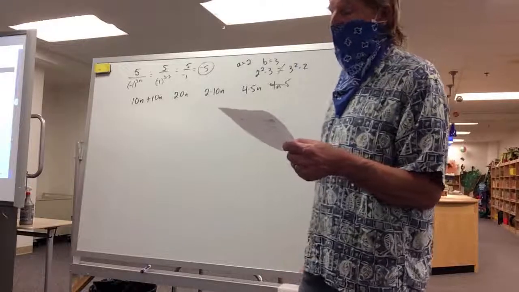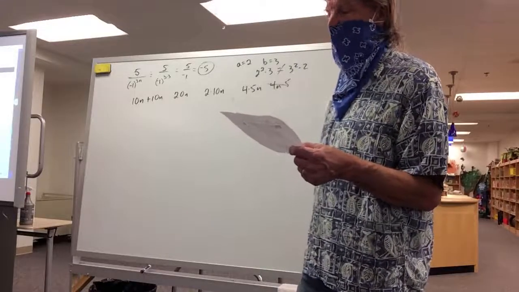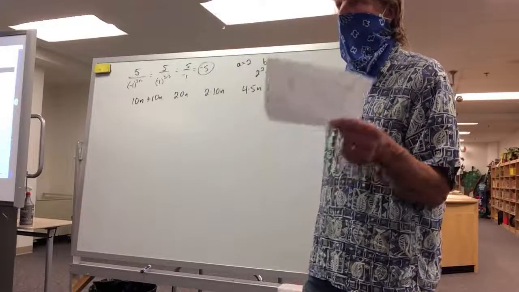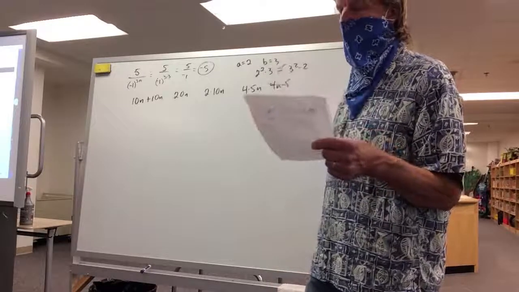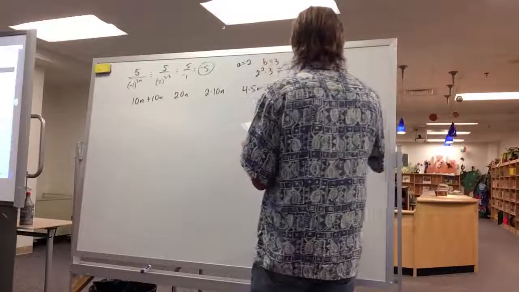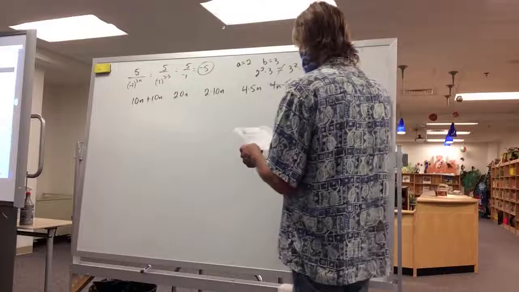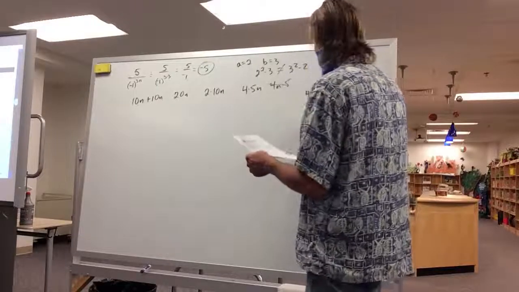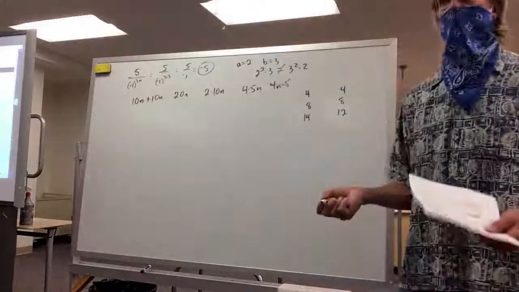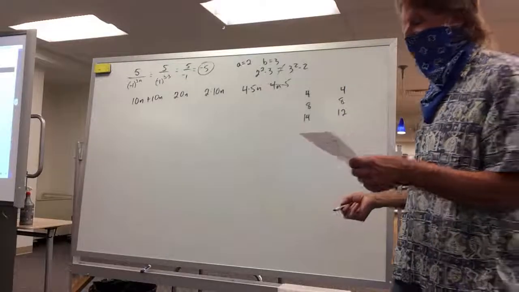Okay, then for 4a, you can't just assume because you think you see a pattern starting that it continues. You have to check the third term. And for that one, just the table itself, for 0 you get 4 and 4, for 1 you get 8 and 8, for 2 you get 14 and 12. And right there it shows that the expressions are not equivalent to one another.